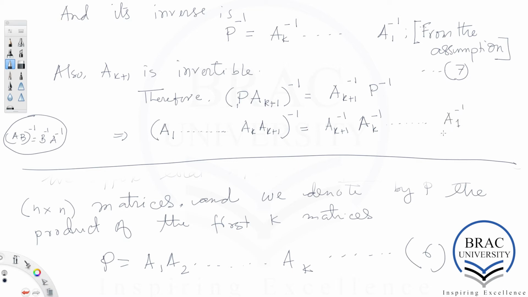Okay, this is what we can do using 6 and 7, right? So this completes the proof using induction, QED.